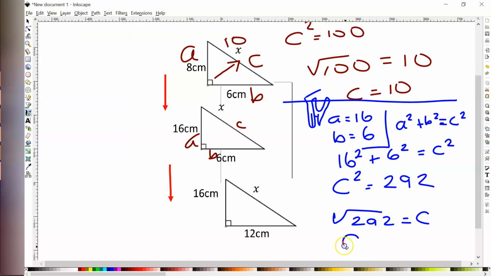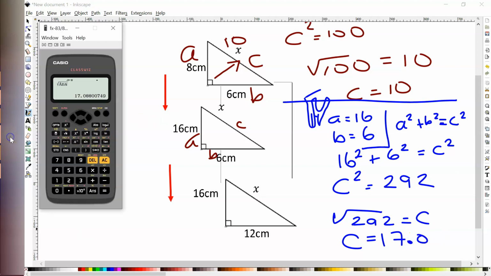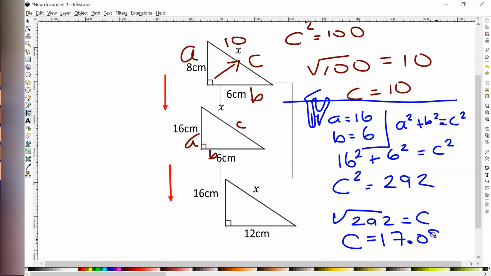So C equals 17 point 09. Because I've said 2 decimal places, we're looking at 17.0, and that goes up to a 9. So this would be 17.09.